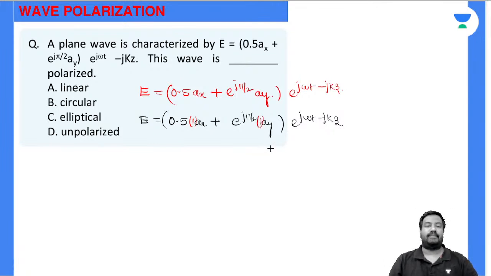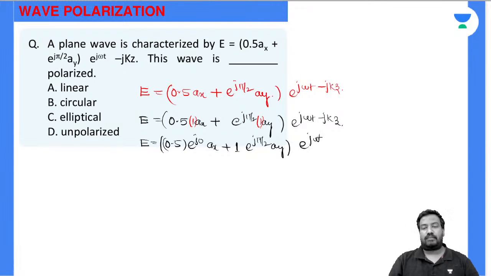So 1 can be written as e power j 0. So E is 0.5 into e power j 0 into ax plus 1 into e power j pi by 2 of ay. We need to rewrite this in this way. Now it is easy, am I right?